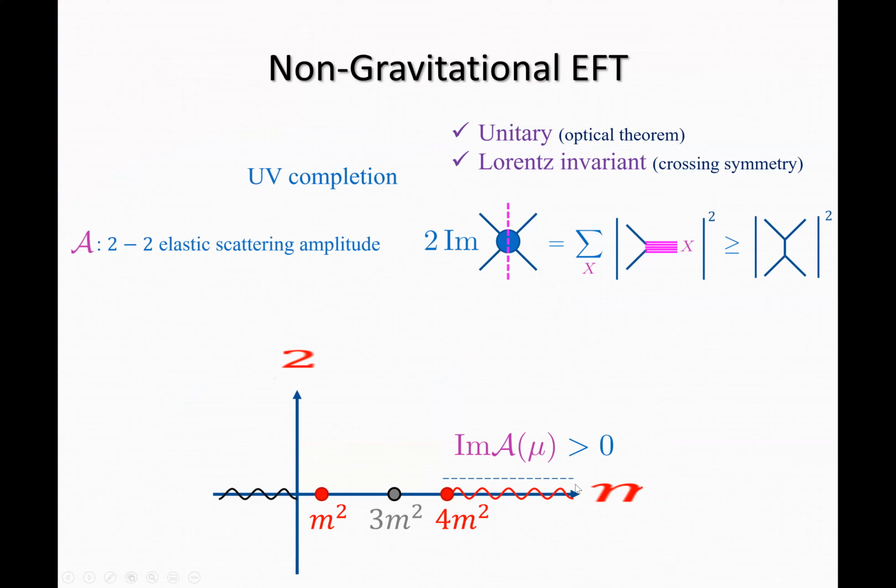That actually corresponds to the discontinuity of the amplitude. And using Lorentz invariance, and particularly crossing symmetry, you can also connect it to the imaginary part of the amplitude on the left branch cut. And so the imaginary part of the discontinuity of the amplitude has to be positive here and positive there.